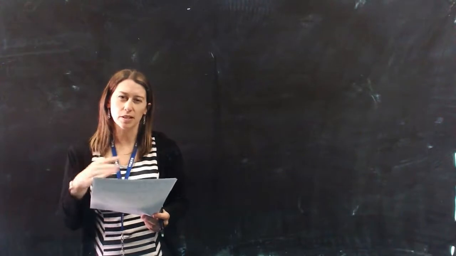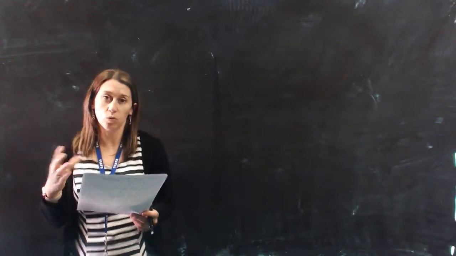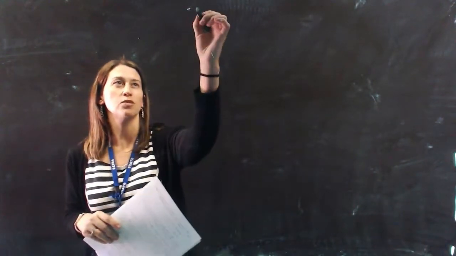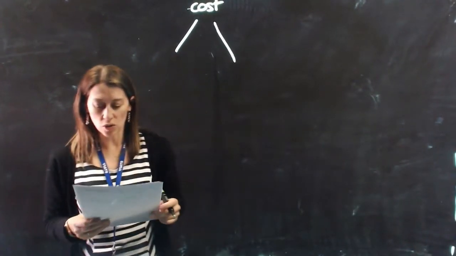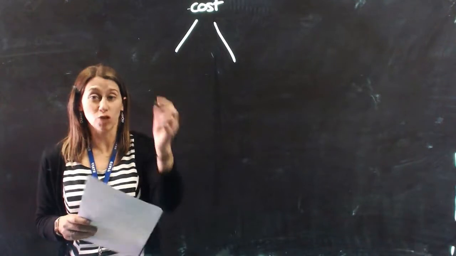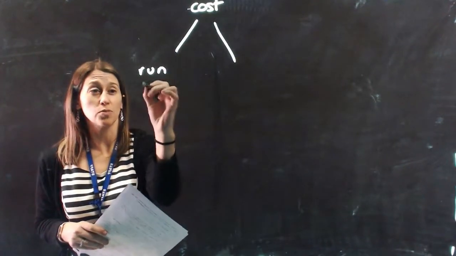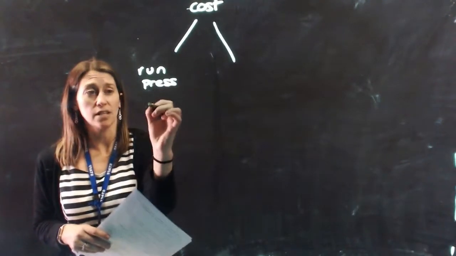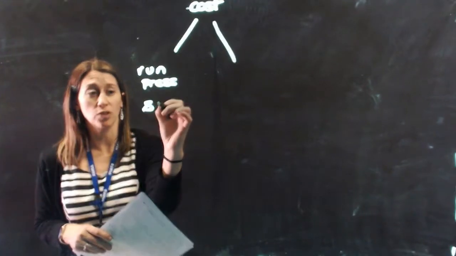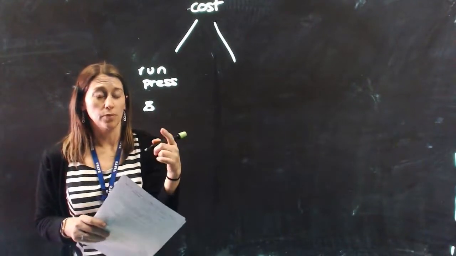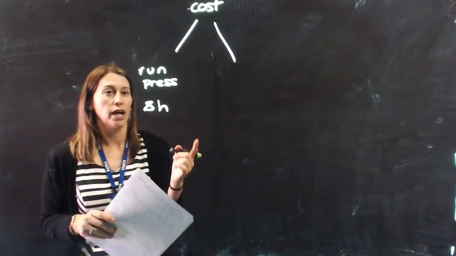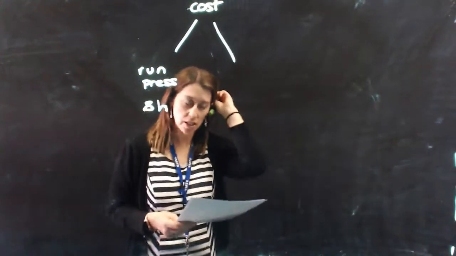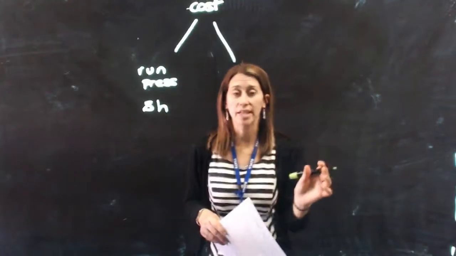So if we look at this example, we need to think about what the cost involves for running this printer press. There are a couple of costs involved. Firstly, we've been told that it costs $8 per hour to run the printing press. We don't know how many hours, so we say H is hours. So that's 8H. The second cost is the number of plates.